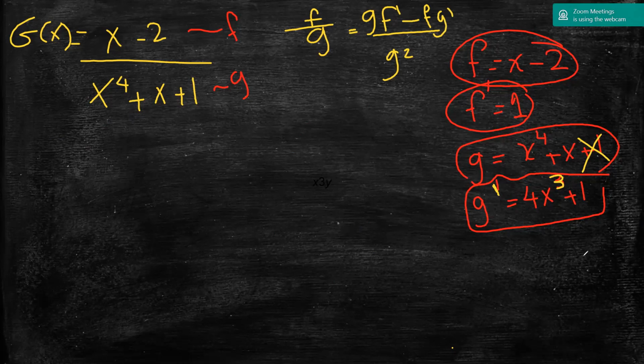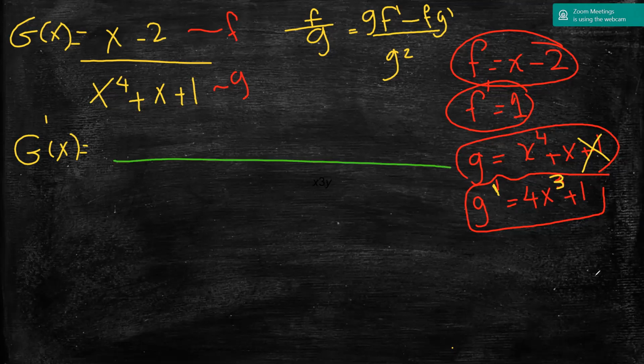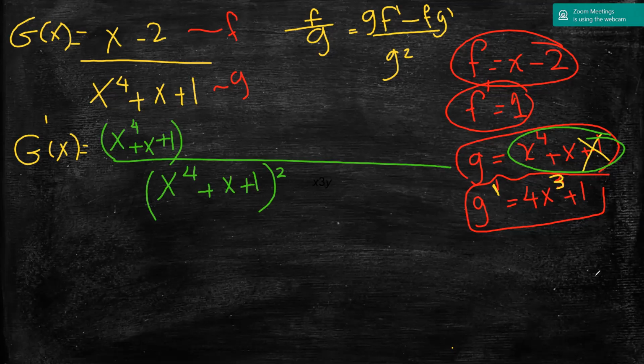So let's now substitute. So g prime of x is over g squared. Where's g squared? It is x raised to the power 4 plus x plus 1 squared. Up, I will write g, x raised to the power 4 plus x plus 1, times f prime. Where's f prime?